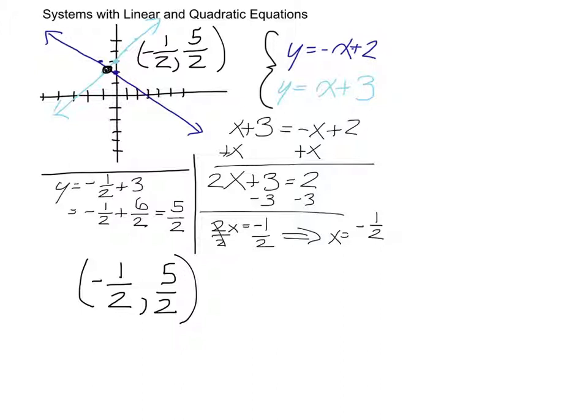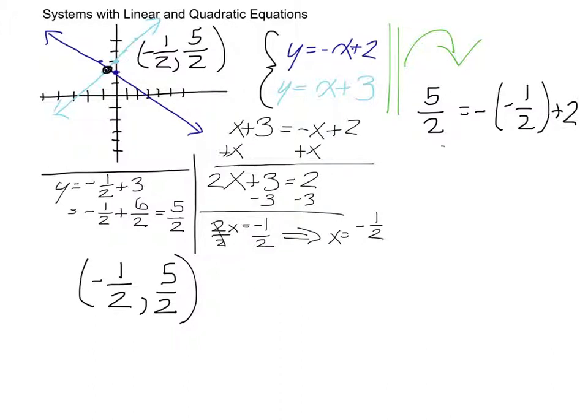Let's see that. So maybe I'll get green for a second. And I'll take this, bring it over. Let's look at this first equation. So I'm going to put in 5/2 for y and negative 1/2 for x and see if it makes that equation true. So I'm going to write 5/2 equal to negative 1/2 plus 2.